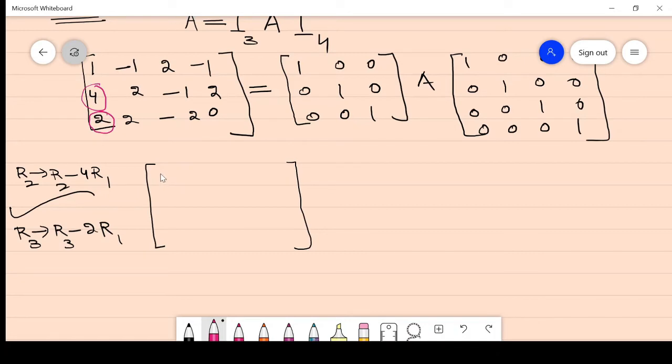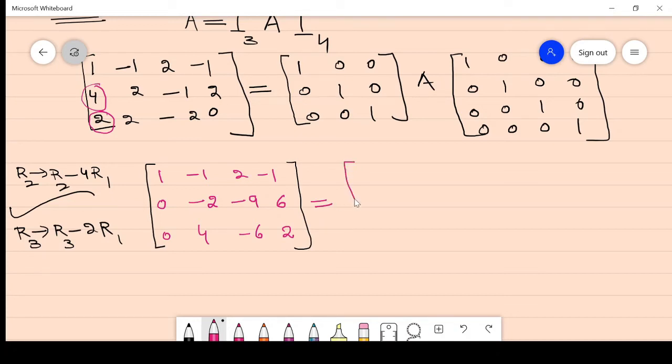So this will be 1 minus 1, 2 minus 1, so this will be 0. Now multiply by minus 4 and then add: minus 2, minus 8, minus 9, 4 plus 2, 6. Multiply by 2: minus 2, so 2 plus 2 is 4, minus 4, minus 2, minus 6, then minus 2, which is 2 plus 0, so this is 2.